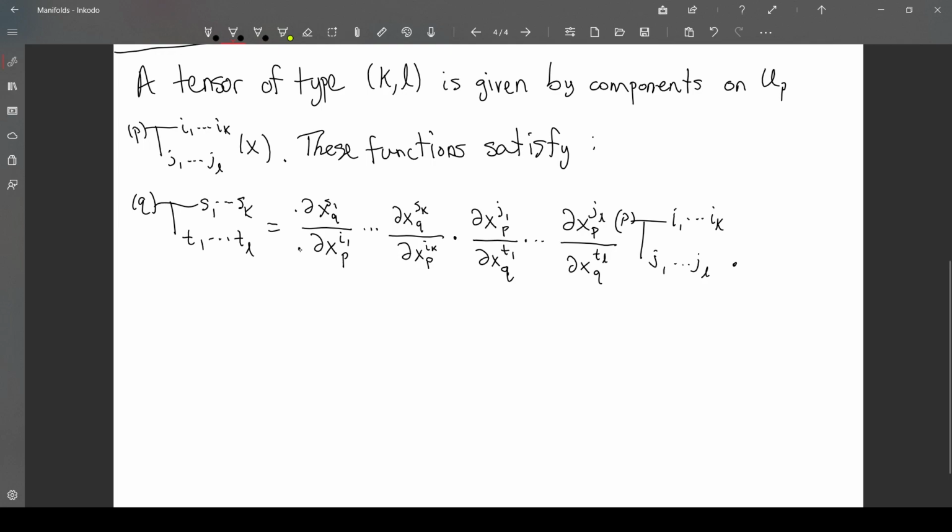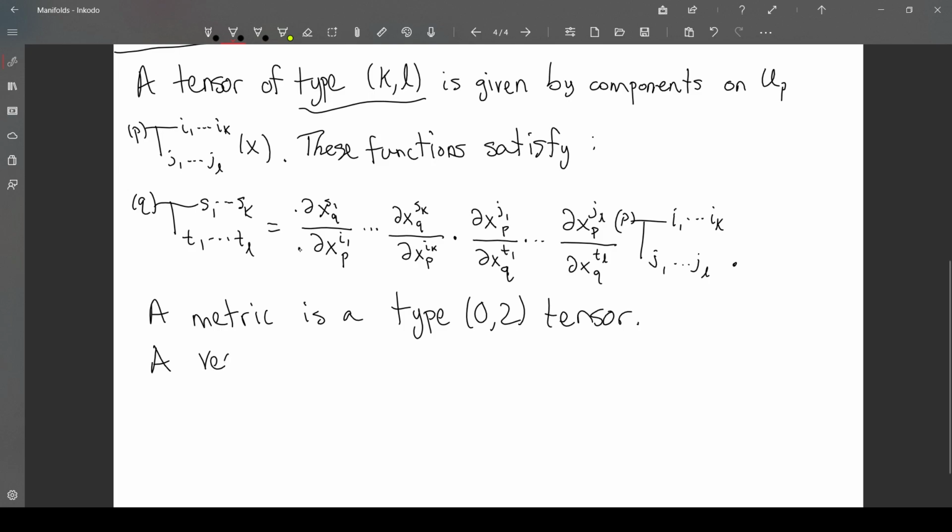We noticed we had this type thing here. A metric is a type (0,2) tensor because it had two lower indices.